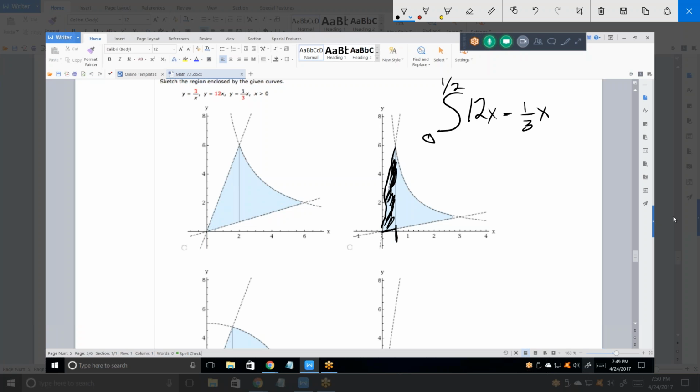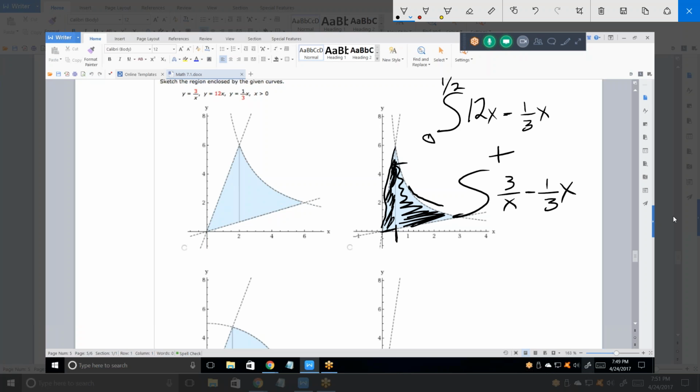And I'm going to add to that this area, which is the function on the top, the integral. Well, that's this function here, the curved function. That's 3 over x minus the function on the bottom, which is still 1/3 x.